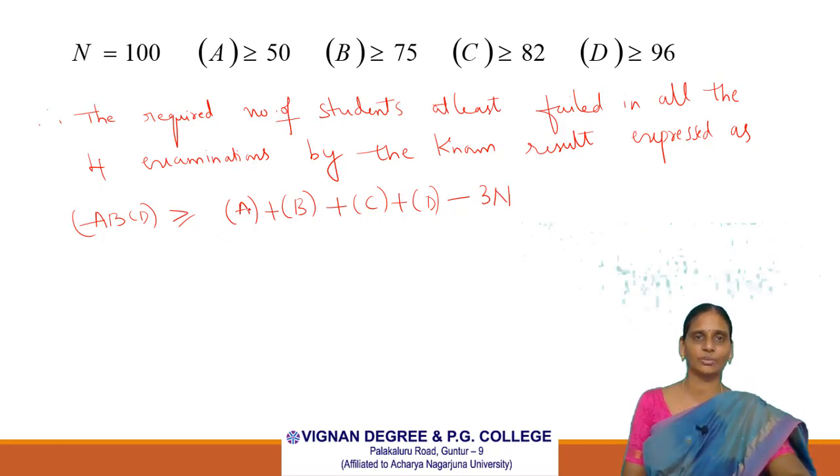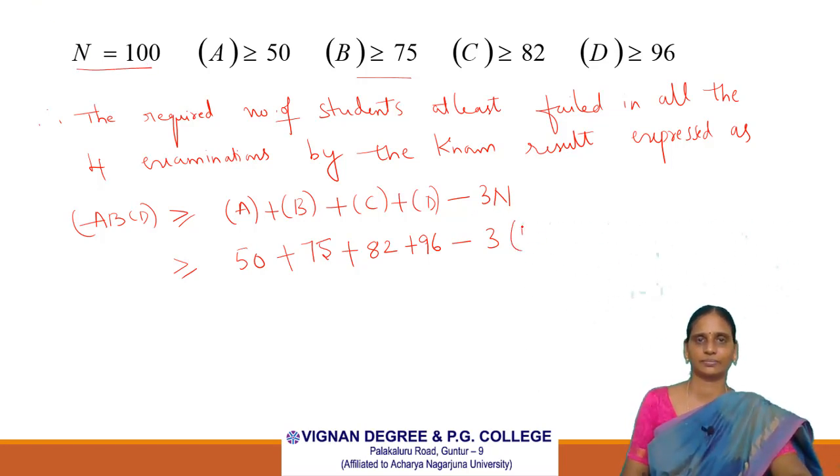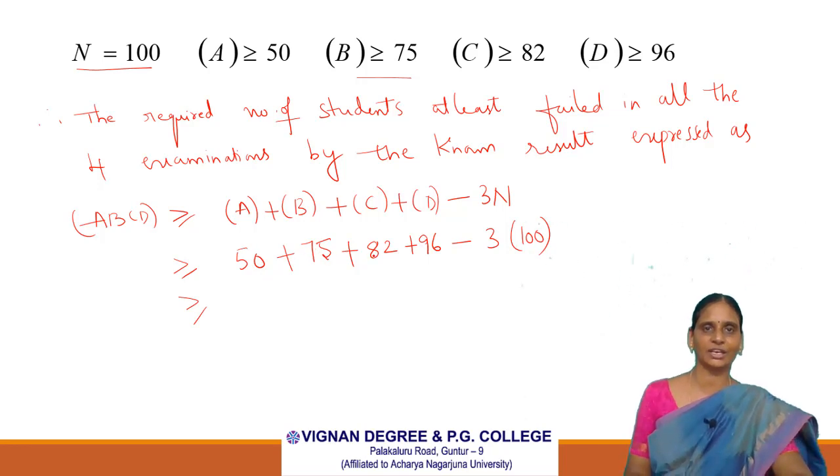Now substitute the values of frequency of A, B, C and D. Frequency of A is 50, frequency of B is 75, frequency of C is 82, frequency of D is 96, minus 3 into N, where N is 100. The sum 50 plus 75 plus 82 plus 96 is 303, minus 300, so this is greater than or equal to 3.